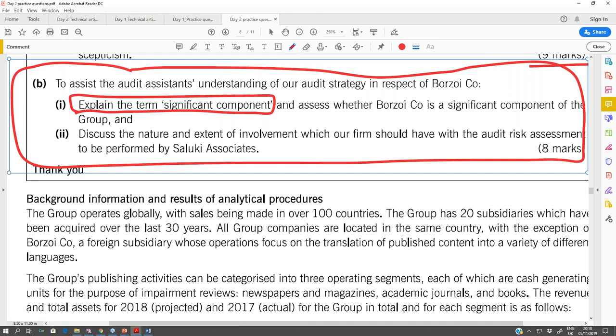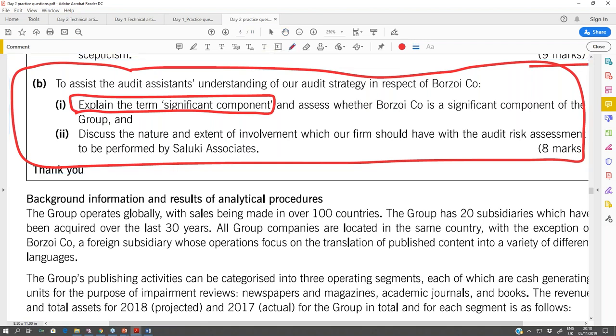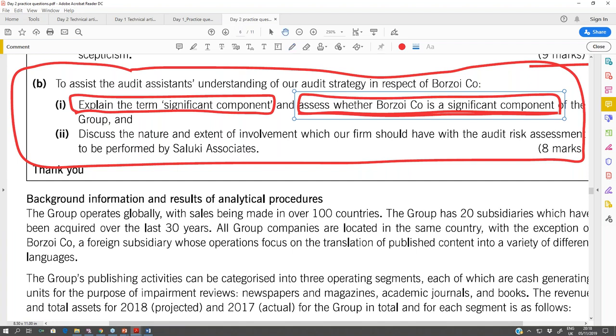He wants us to explain that term and assess whether Borzoi company is a significant component of the group. Whether the subsidiary Borzoi is a significant component of the group? So first he wants us to give the definition. What is a significant component? And then the examiner wants us to assess whether Borzoi is a significant component.